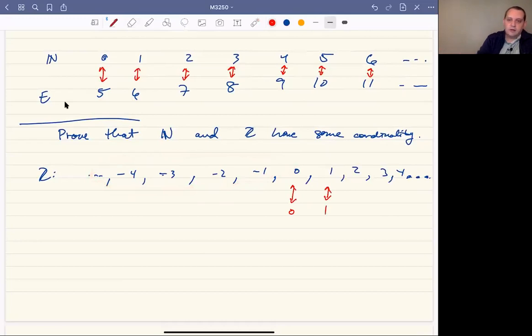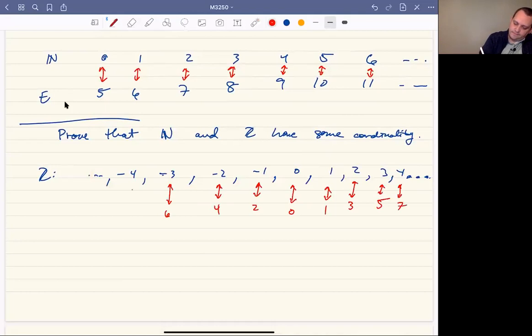So in order to count a little more efficiently, we'll say 0 corresponds to 0, 1 corresponds to 1. The natural number 2 corresponds to the integer -1. The non-negative integer 3 corresponds to the integer 2, 4 to -2, and so on.